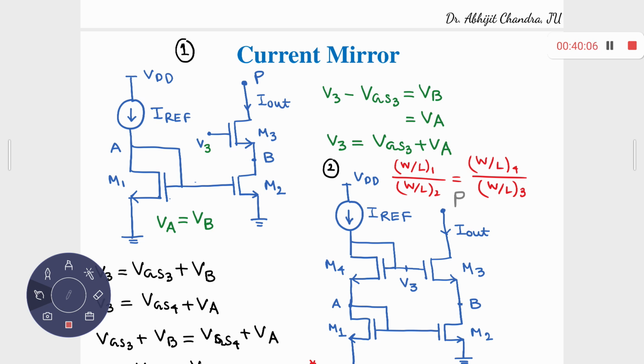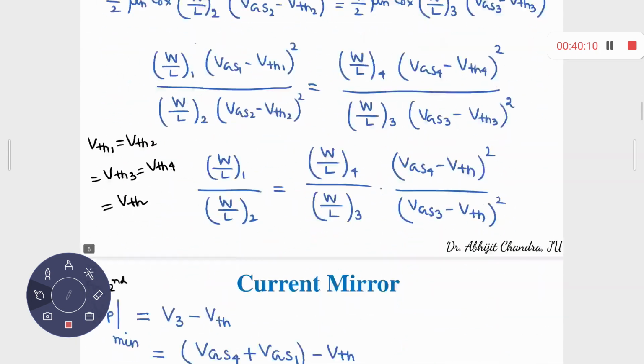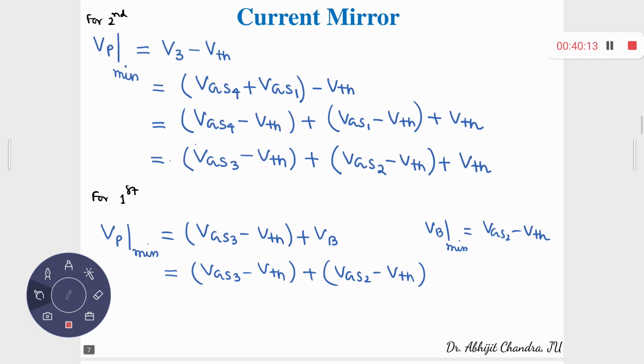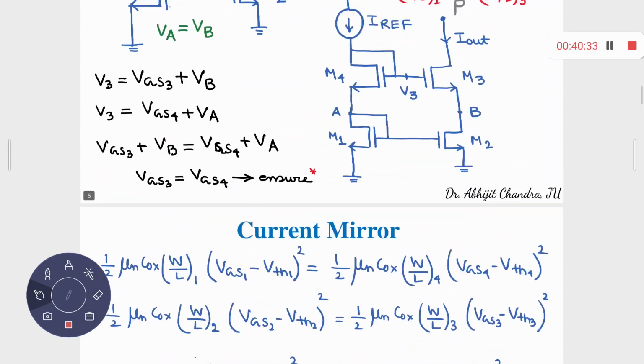So it is the summation of two overdrive voltages. So for the first circuit, this is nothing but VGS3 minus VTH plus VB, that is, VGS3 minus VTH plus VGS2 minus VTH, because VB minimum is equal to VGS2 minus VTH. So the minimum value for Vp is given by the summation of two overdrive voltages. What about the second circuit?